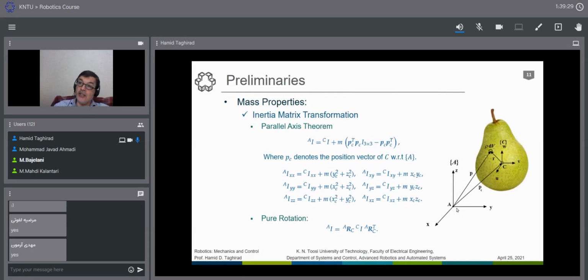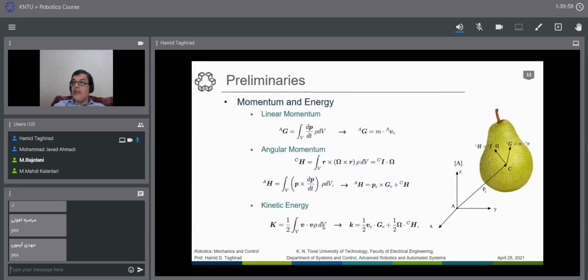The translation is here, the rotation is here. We usually need to do that, and this comes with R_CA left multiplied and R_CA transpose, or R_AC, the inverse of that, from right multiplication, and then you can find I with respect to these two forms.